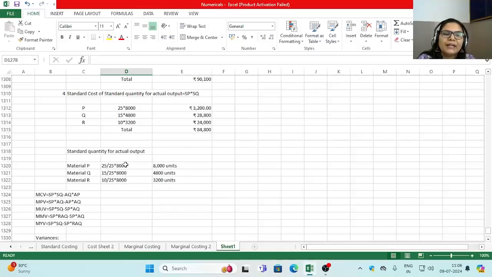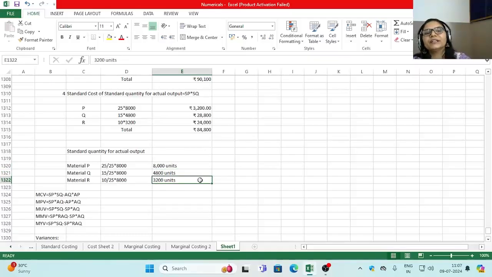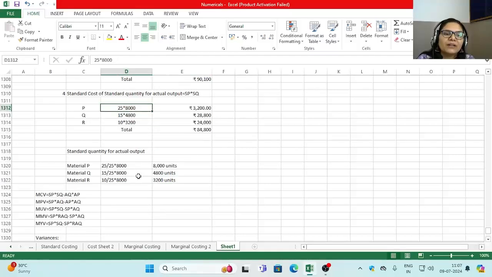So we will multiply it by 8,000, because 8,000 is the actual output. 25 divided by 25 into 8,000, 15 divided by 25 into 8,000, 10 divided by 25 into 8,000. We get 8,000, 4,800, 3,200 as the standard quantity for the actual output. SP we know is 25, 15, 10, and the standard quantity we have calculated is 8,000, 4,800, 3,200. We will multiply it, and finally we will get the total of 84,800.